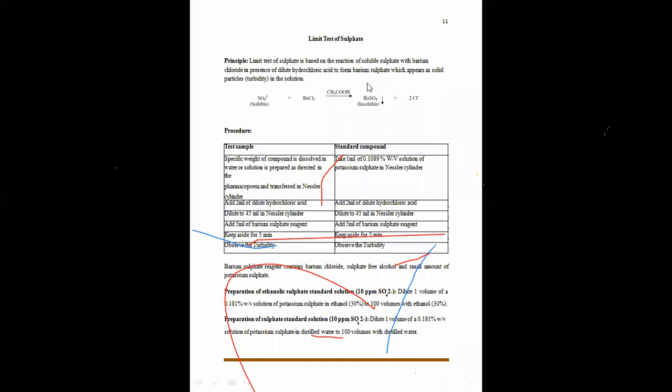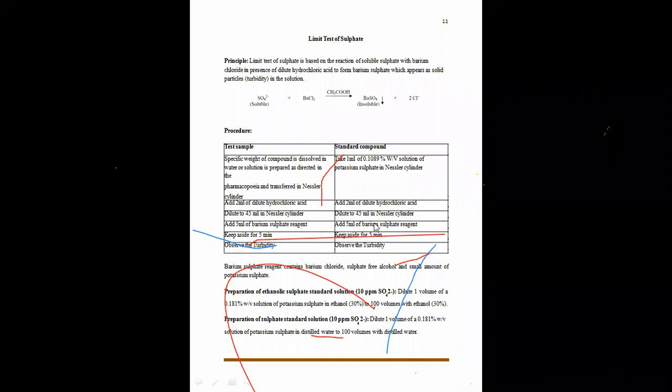After that, we add 5 ml of barium sulfate reagent in both the test solutions and keep the reaction mixture aside for 5 minutes. After that, there is formation of turbidity in the solution.